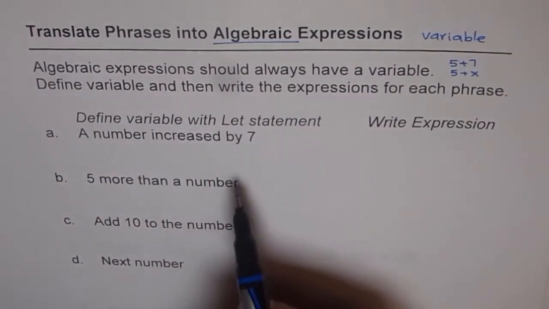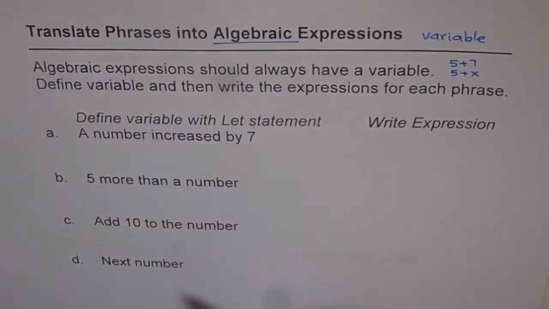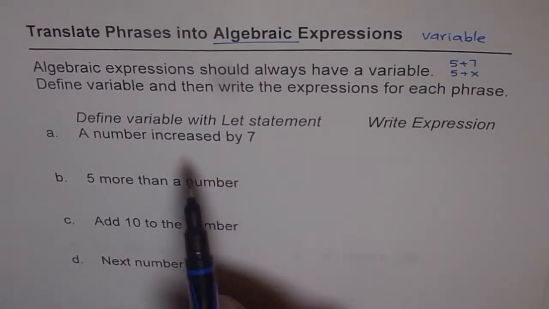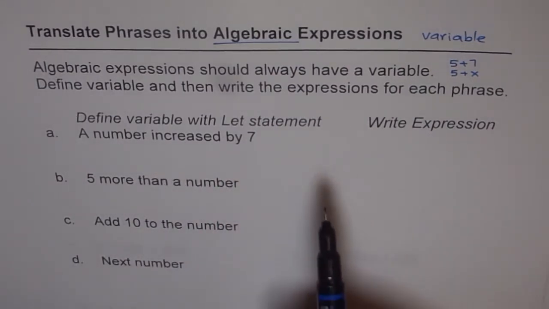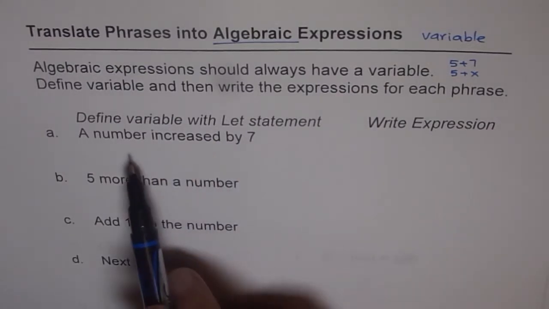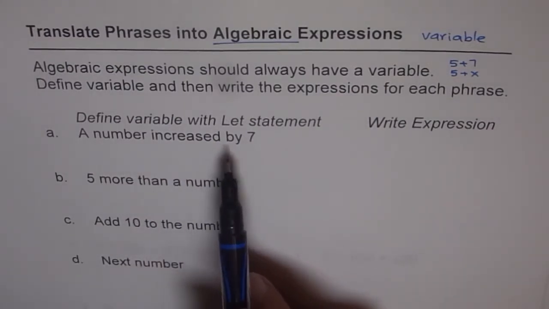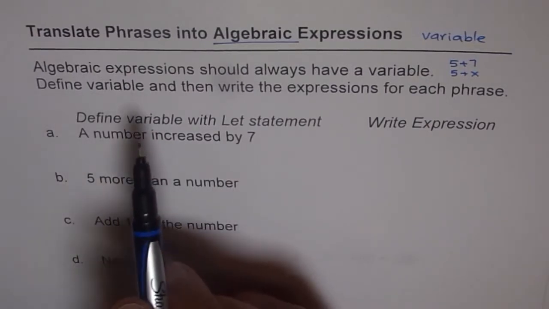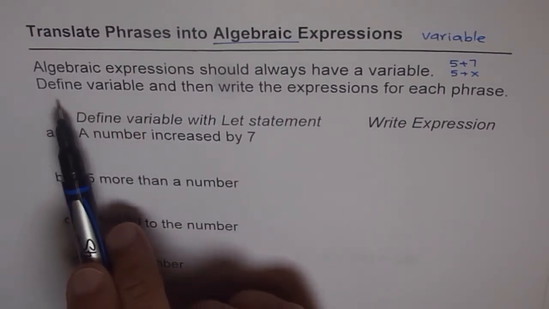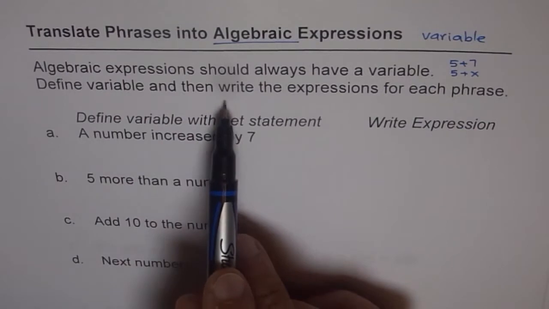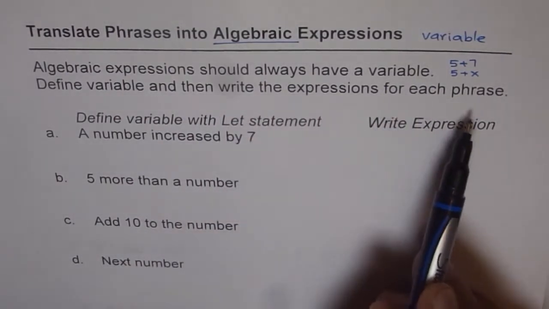Now, we have a few statements here which are phrases, and we'll convert them into algebraic expressions. Before converting any phrase into an algebraic expression, we need to define a variable, correct? So that is what is most important. So let's get into this problem once again. It says define the variable and then write the expressions for each phrase.